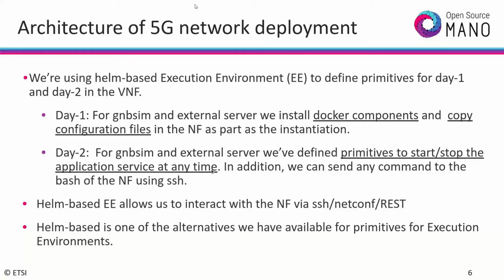In addition, we can send any command to the bash of the network function using SSH. It's important to remember that Helm-based execution environments allow us to interact with the network function via SSH, netconf, REST. It depends on what the NF has available. And also Helm-based is one of the alternatives we have available for primitives for execution environments.